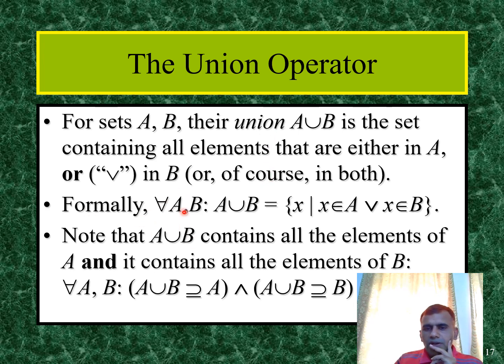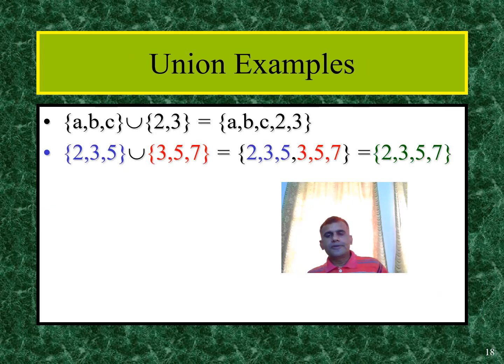Formally, for all sets A and B, A union B will be written like this: the set containing X where X belongs to A or X belongs to B. Note that A union B contains all the elements of A and all the elements of B. For all A and B, A union B contains A, or we can say that A is a subset of A union B. Similarly, B is a subset of A union B. A union B is a superset of A, and A union B is a superset of B.